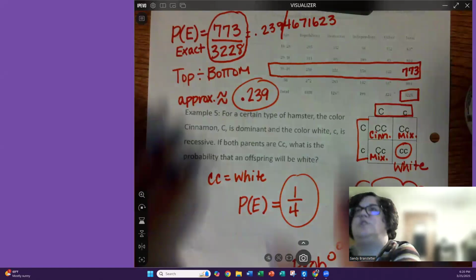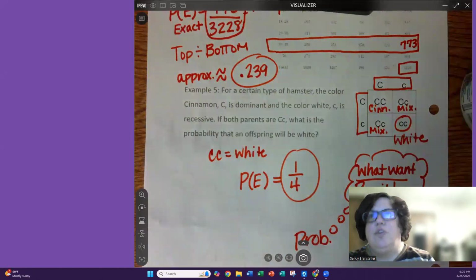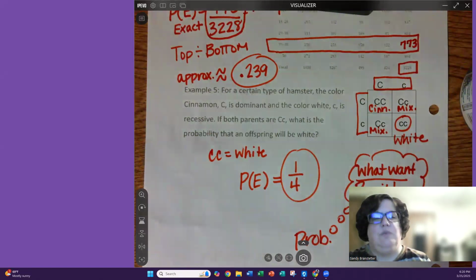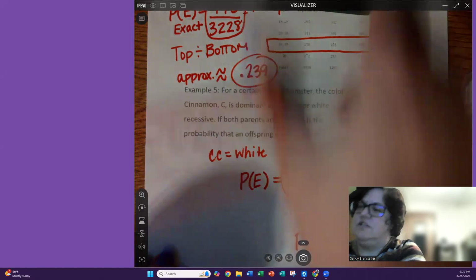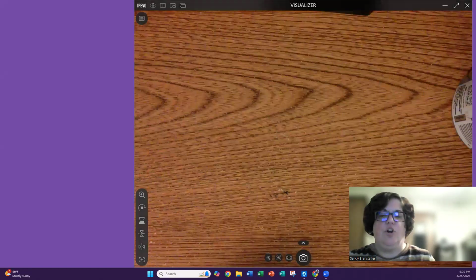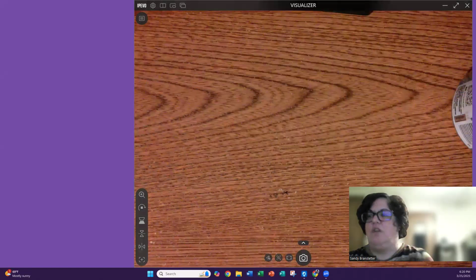Now we're going to switch gears and talk about odds. You've probably heard the word odds, and usually when people are talking about it, they sometimes use it interchangeably, but it is not the same thing. So as we look at odds, I want you to think about what you've heard before, and then we'll fill in the gaps of what's different.